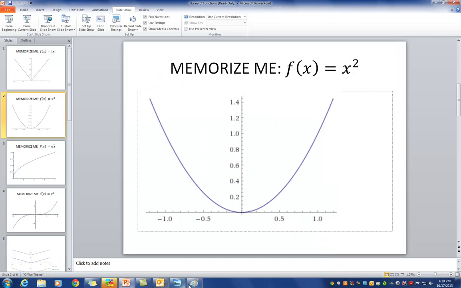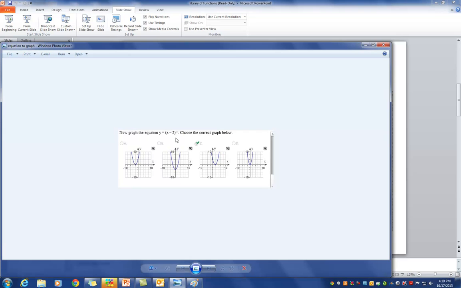But what are we going to do to it if we are being asked to take x minus 2 squared? Well, you notice we're adding to the input or subtracting from the input here.